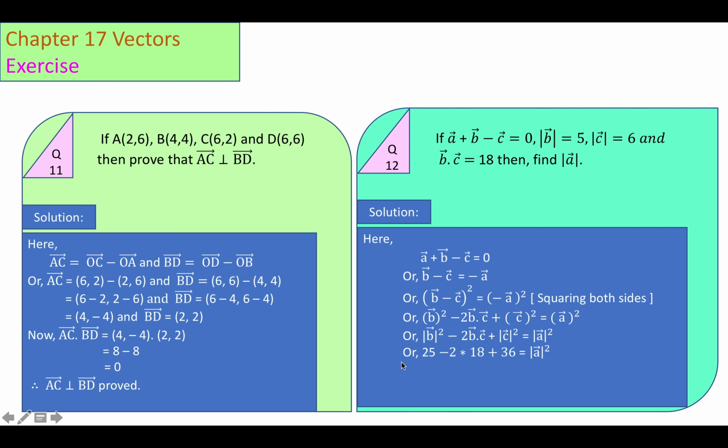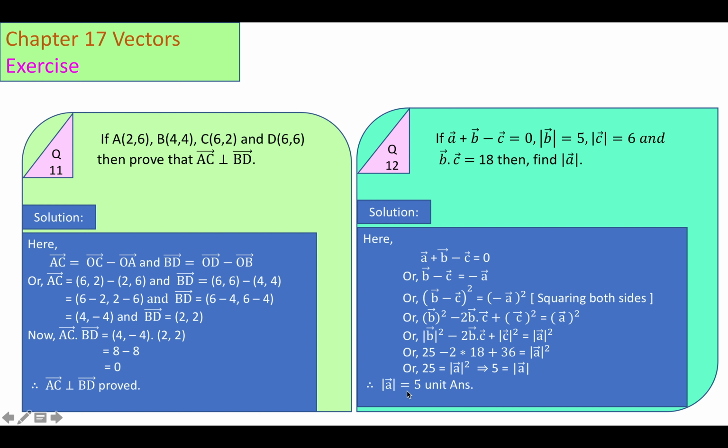Now we substitute the value of magnitude of vector b, which is 5, and the square of 5 is 25, minus 2 into the value of vector b into vector c, which is 18, plus magnitude of vector c, whose value is 6, and the square of 6 is 36, equals magnitude of vector a, which we need to find. So we write the square of magnitude of vector a as it is: 25 equals the square of magnitude of vector a, which equals 5.